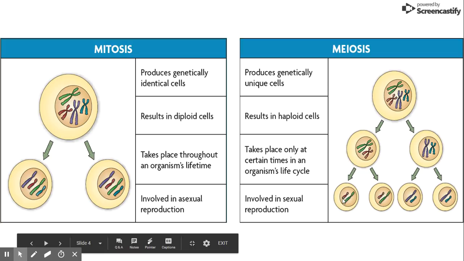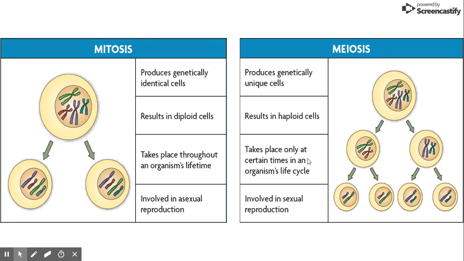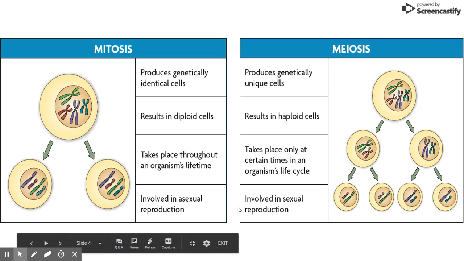We only have one version of each chromosome. We only have one big and one little instead of both big and little versions. This takes place only in certain times of the organism's life cycle. So only when an organism has reached sexual maturity will you actually go through meiosis, and then it is involved in sexual reproduction.